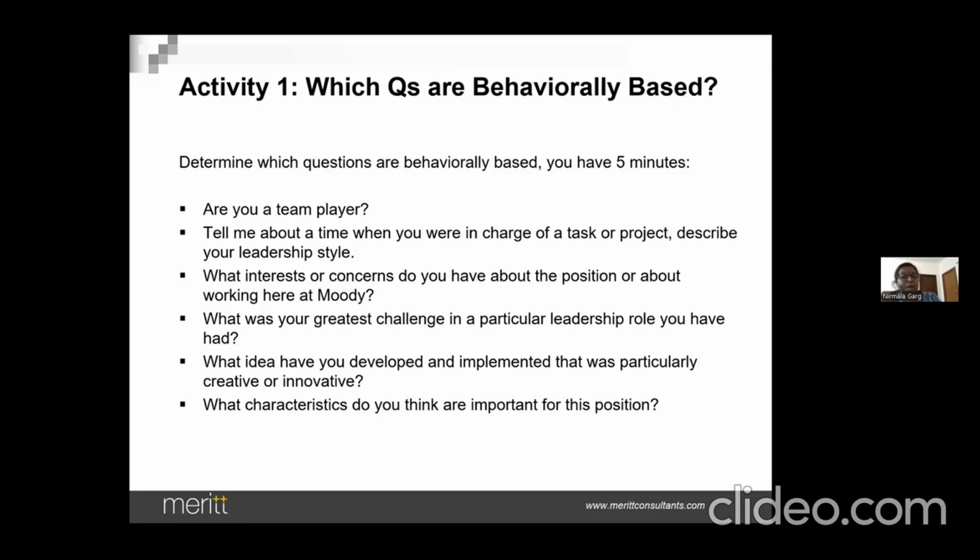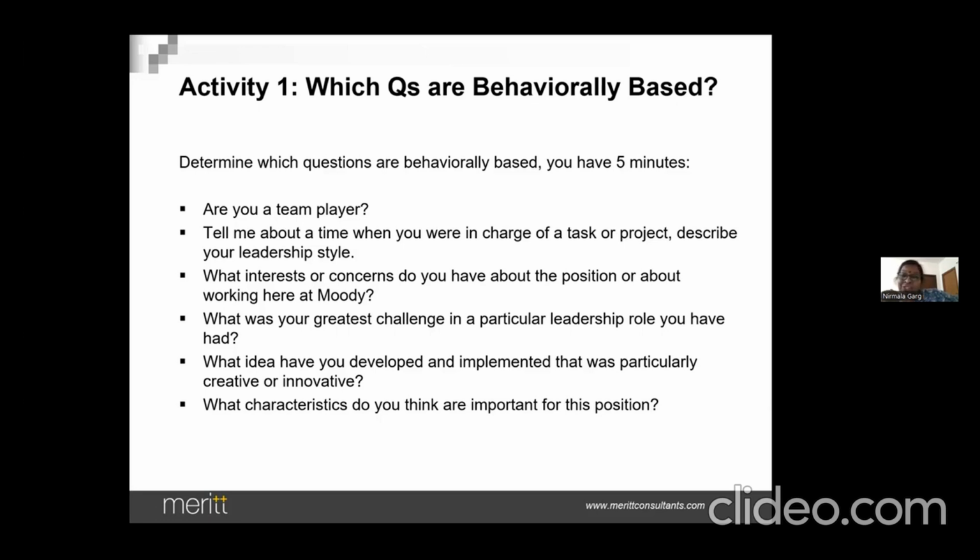Okay. Now I'm going to read out certain questions and you have to tell me whether they are behavioral. Tell me about a time when you were in charge of a task or a project. Obviously, this is a behavior question. What interests or concerns do you have about the position or about working here at this company? Is this a behavior-based question? So these are some concerns. So it is typically not a behavior question.